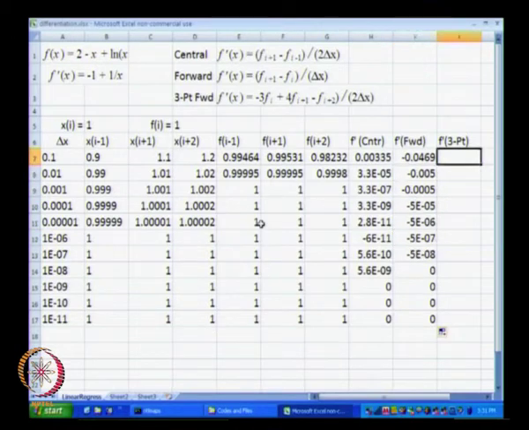And the 3-point forward difference formula that we are going to use is equal to minus 3 multiplied by our f of xi, and I will put dollar signs over there, plus 4 multiplied by f of xi plus 1 minus f of xi plus 2, the whole thing divided by twice delta x.